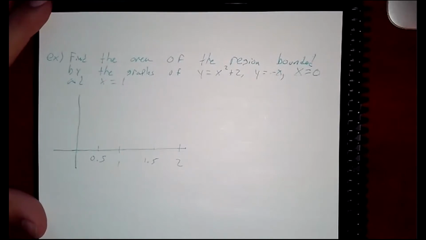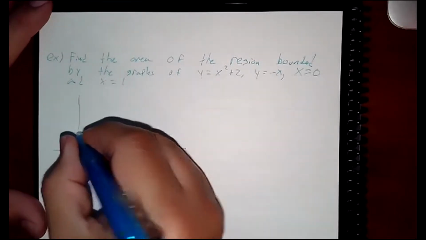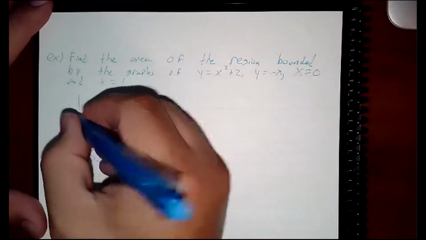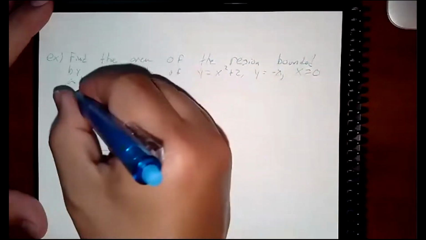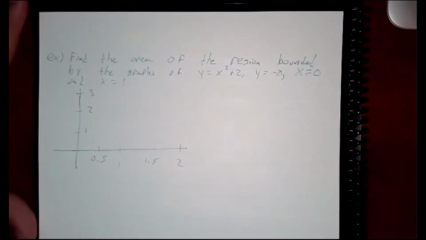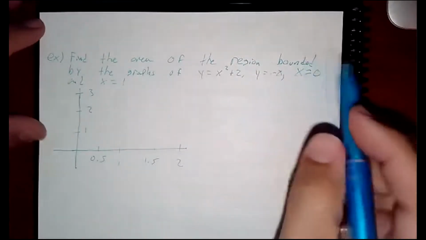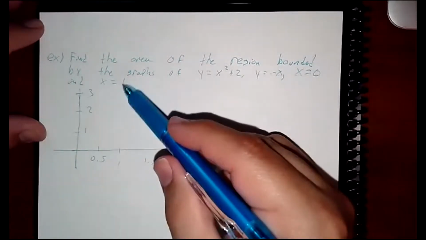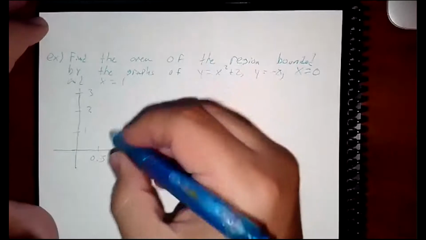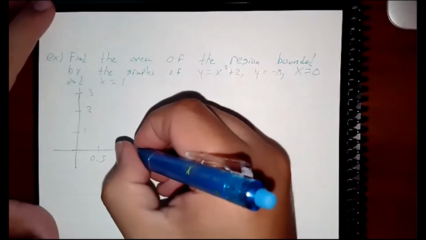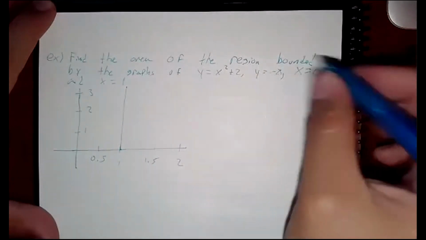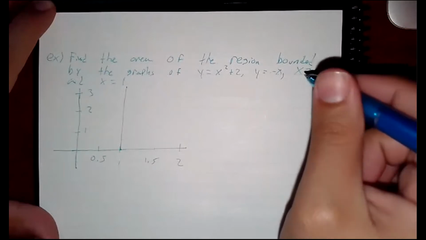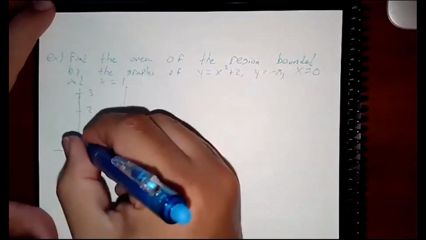This will be 1, 2, 3. So let's graph each one. We know this is just a basic parabola, right? But these vertical lines are going to be part of the bounds, so let's graph those first. I know I'm going to have vertical lines at 1 and 0. So they're going to be right there.